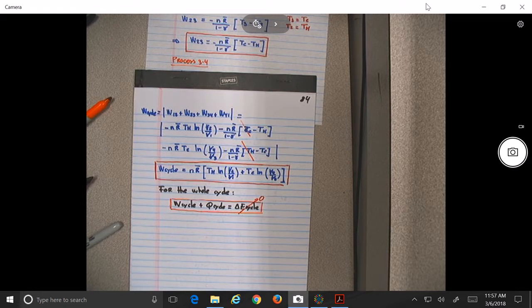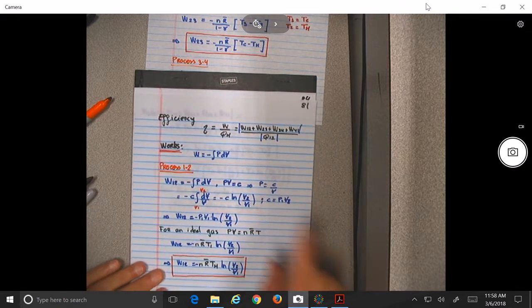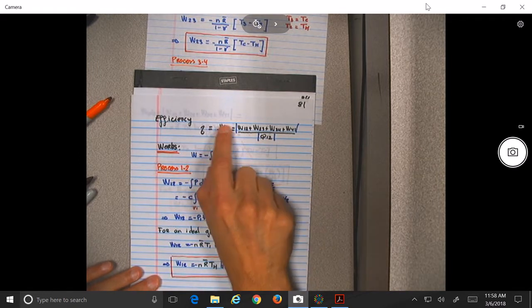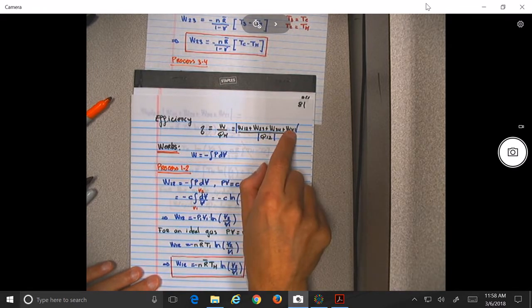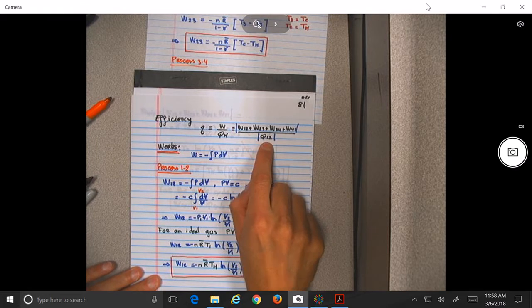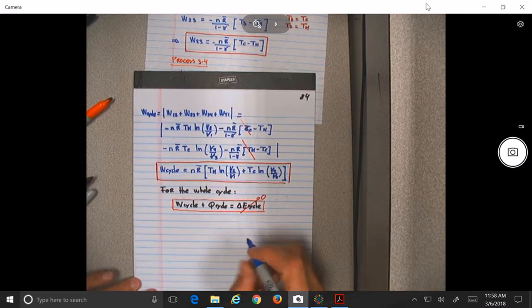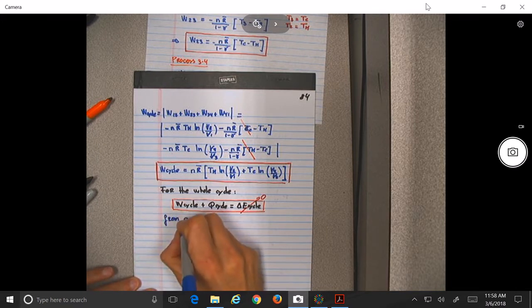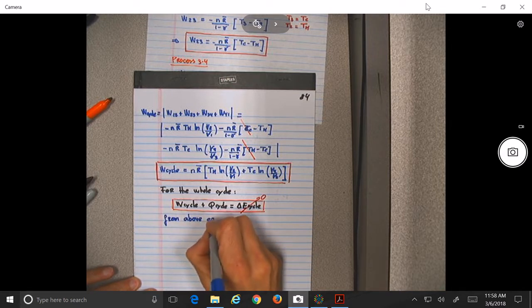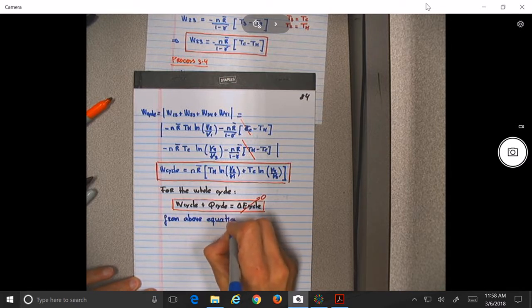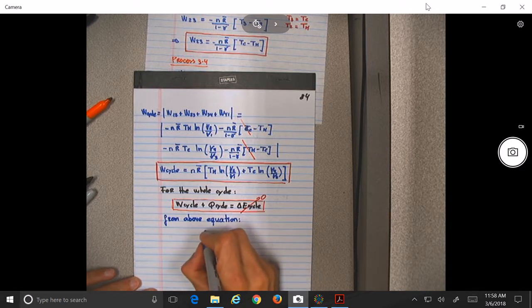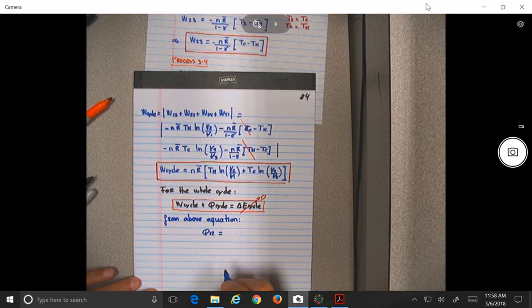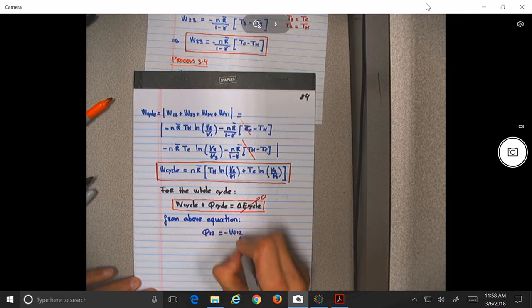Okay? All right? So now, from this equation over here, what is that equation? From this equation we had at the beginning, the efficiency is equal to what? All the work over Q hot, and Q hot is equal to Q12, no? So using the above equation, can I say that Q12 will be equal to minus work 12?